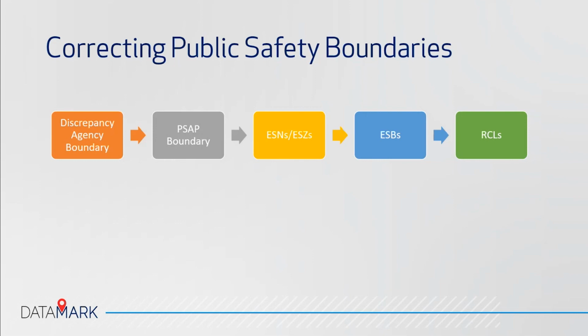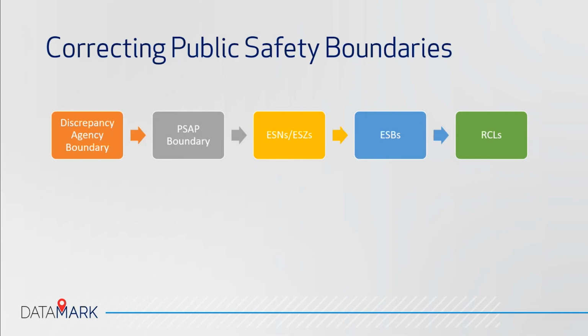Once that is solid, you can build your ESBs from your ESZs or ESNs, and there is a tool within the toolkit that will help you do that. That's why I recommend you build that boundary first, because you can then use it to build your ESBs.